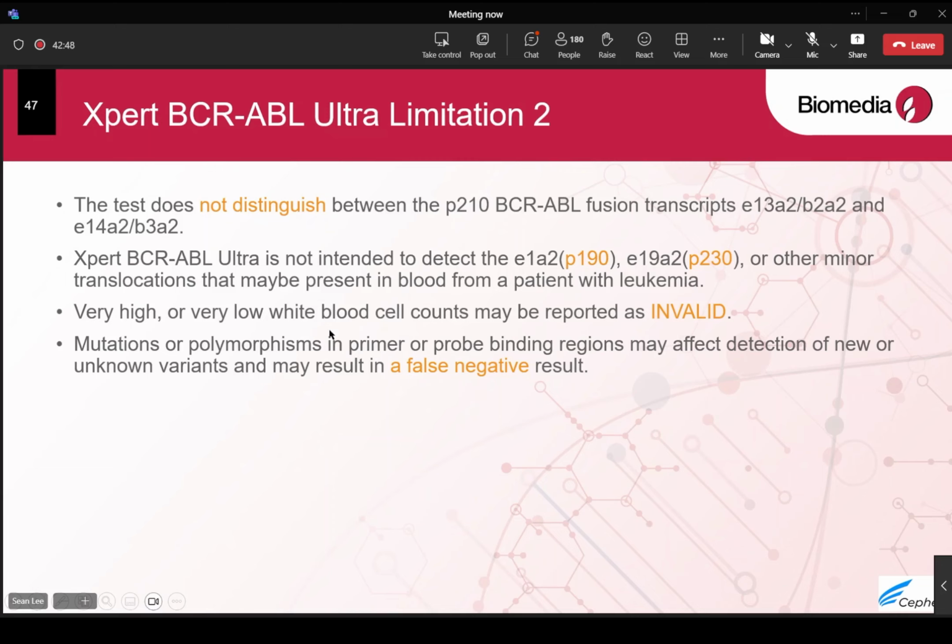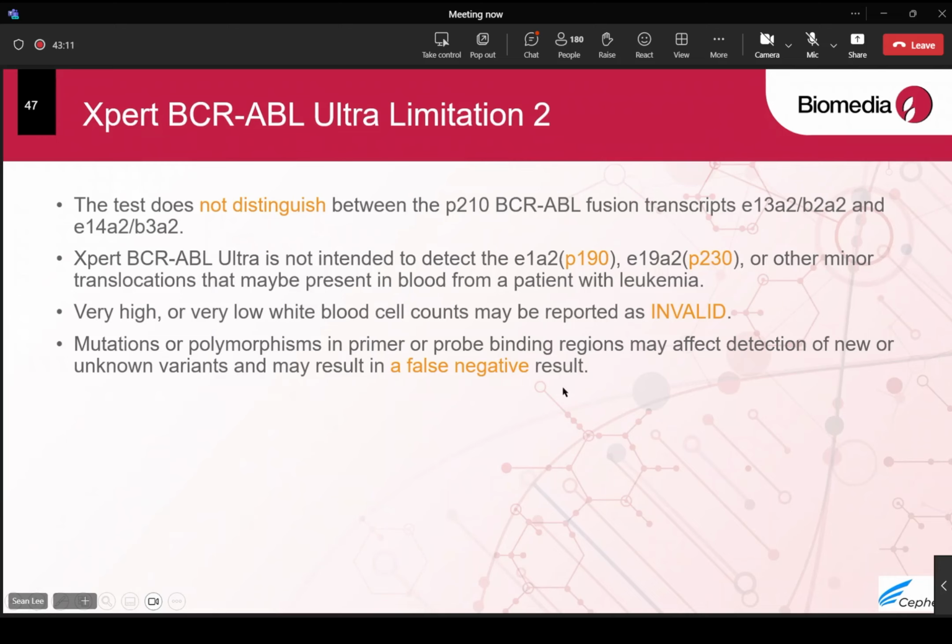Very high or very low white blood cell count may be reported as invalid. With a very low white blood count, as low as less than 150,000 cells, you may get invalid. If there is a mutation or polymorphism in the primer or probe binding regions, it may affect the detection of new or unknown variants and may result in a false negative result.